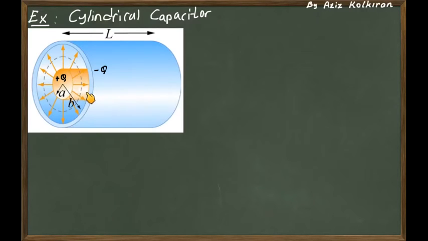For this, we may use the direct result for the electric field of a linear charge density around the inner conductor. And the first thing is, we know that the electric field inside of a conductor is 0.